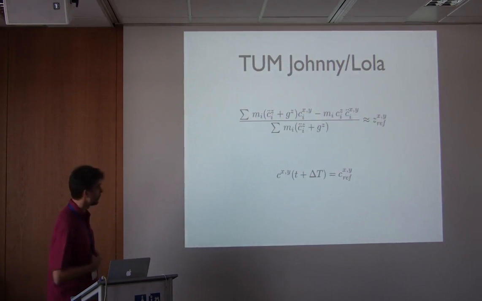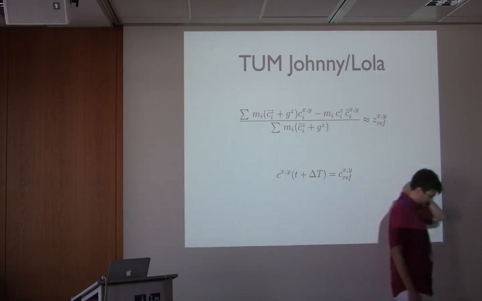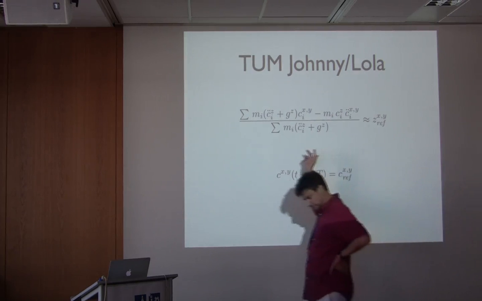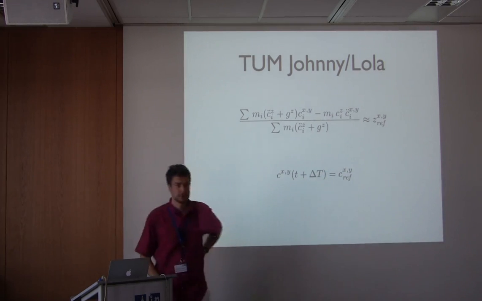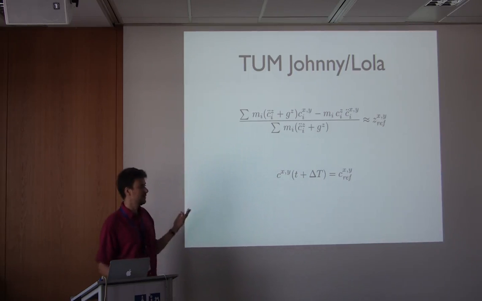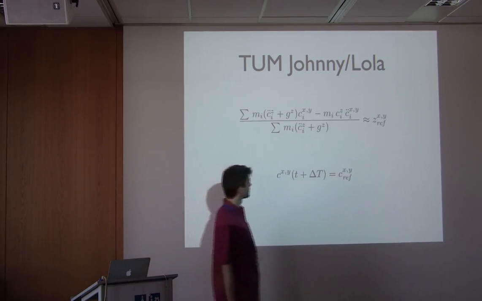Then what was done, for example, at the Technical University of Munich, they built 2 quite impressive robots, Johnny and Lola. Well, they decided to use a 3 mass model. So the same kind of model as before, but with only 3 masses. 3 masses means 1 for the upper body and 1 for each leg. So that's an approximate model.